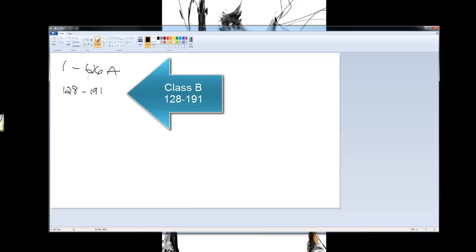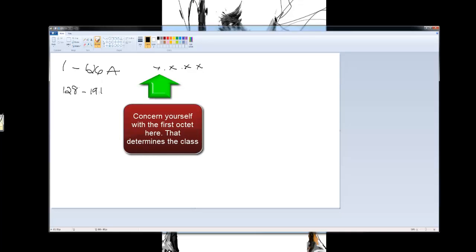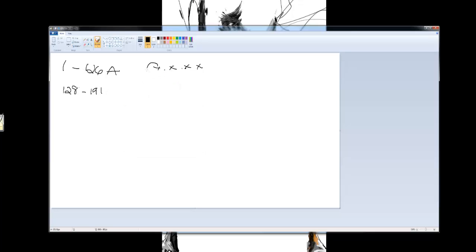These are the first octet. So you've got X, X, X, X, the 4 octets in an IPv4 address. The very first octet is the one we're focused on here.